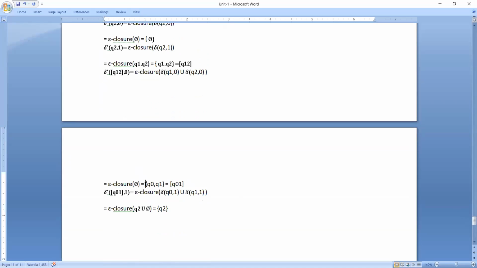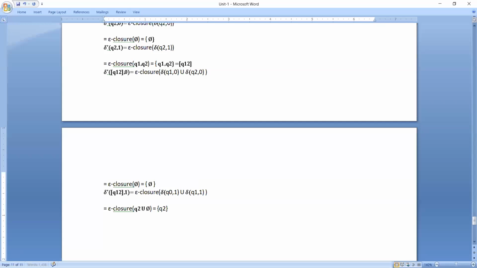Epsilon closure of φ will be φ itself, which we can call a dead state. So this will be the φ state. Then Q12 on 1.